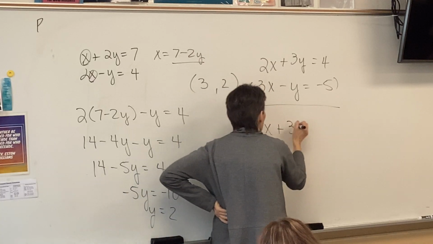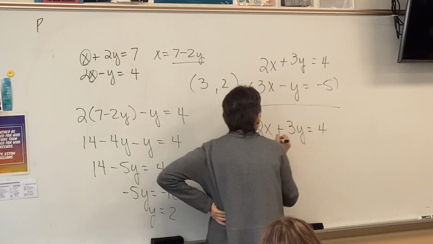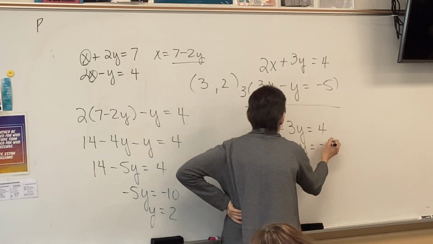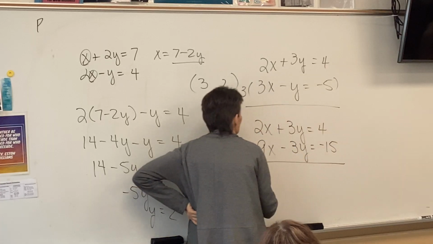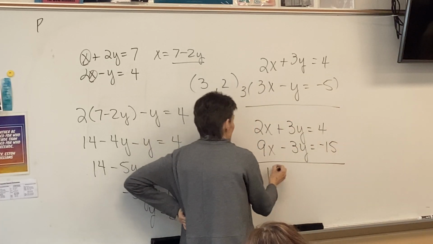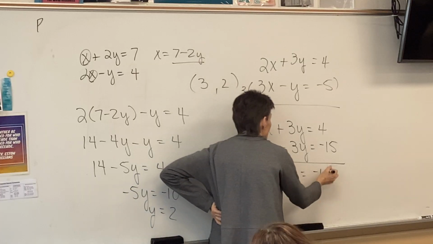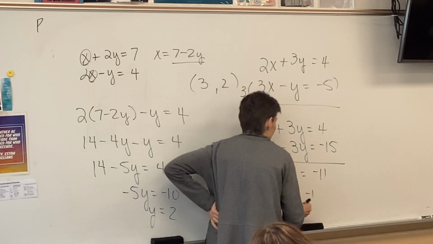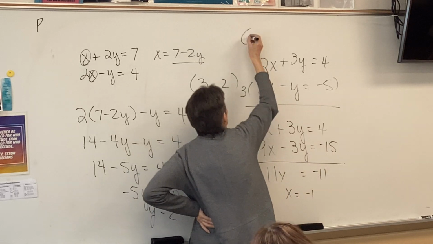So our top row is the same. And then our bottom row times 3 all the way across. So 11x equals -11. X equals -1.